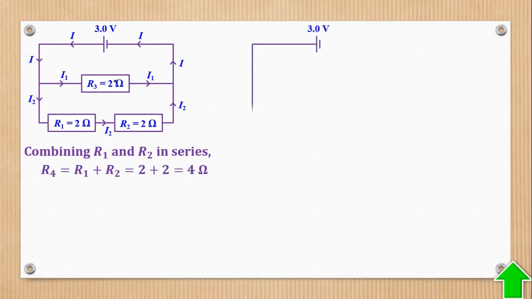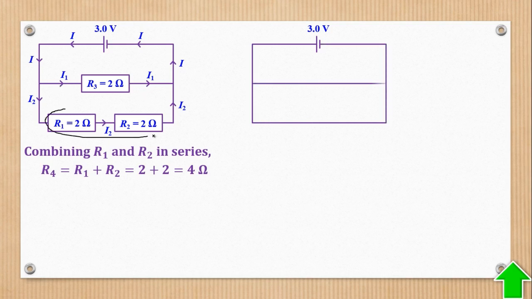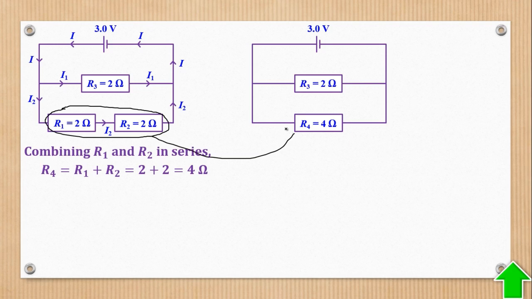Let us redraw the circuit whereby this has been replaced by only one resistor, and that will be R4, as you can see here. Then let's move the current again. So it reaches here, there's a junction, so it divides. One goes this side, another one goes this side. Then at this point they combine to get the original current.